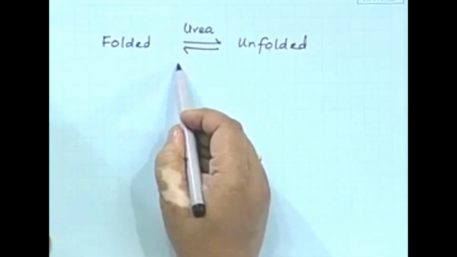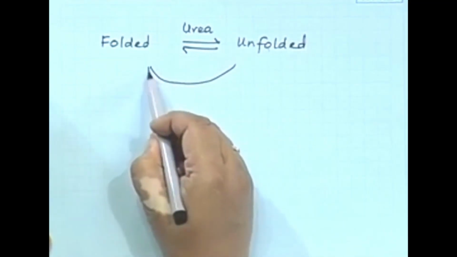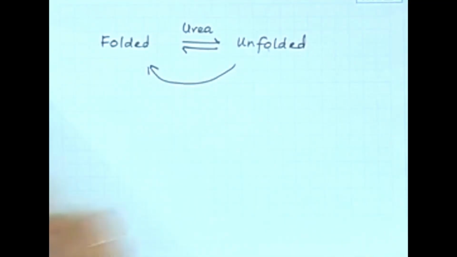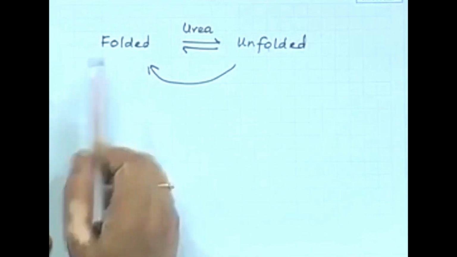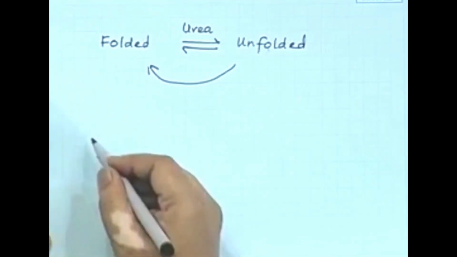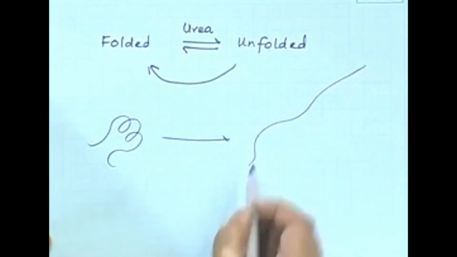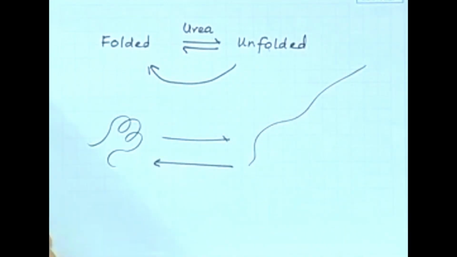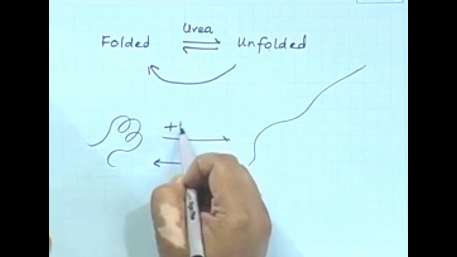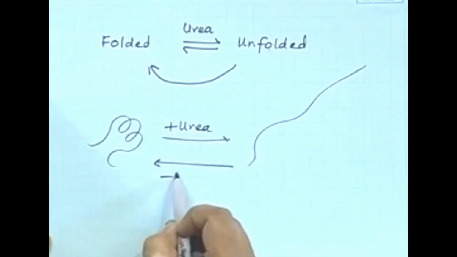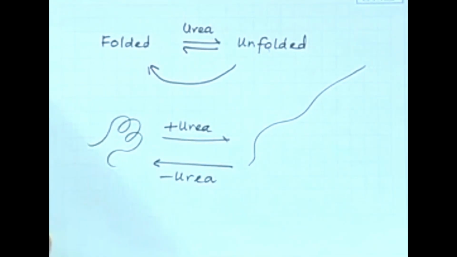You would have to remove the urea if you want to get back here. And in some cases, you can reform the folded protein. So you are going from your native folded structure to an unfolded structure, and you can reform this back, so this would be plus urea, minus urea. You could form your folded structure back again.